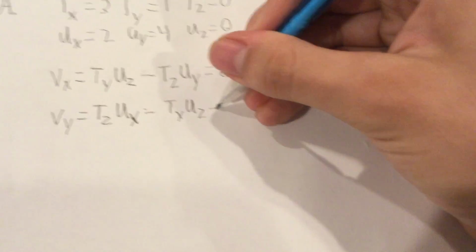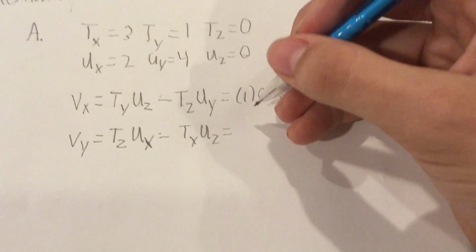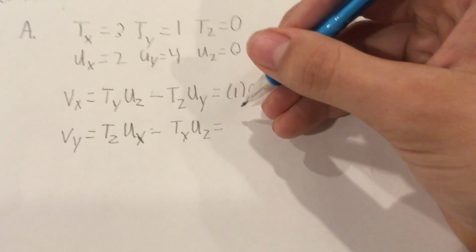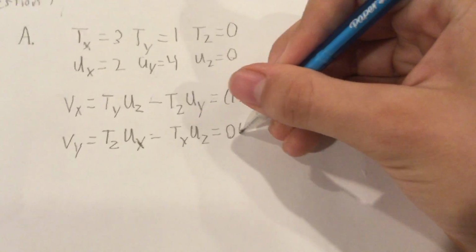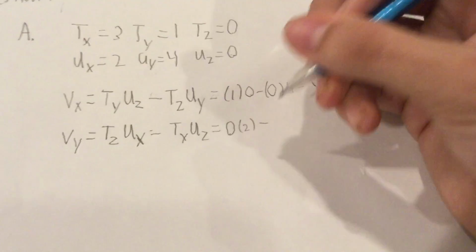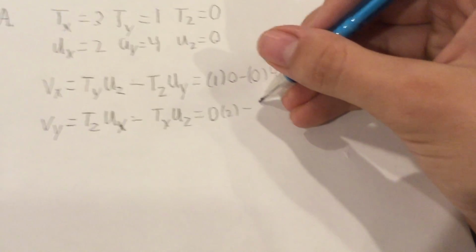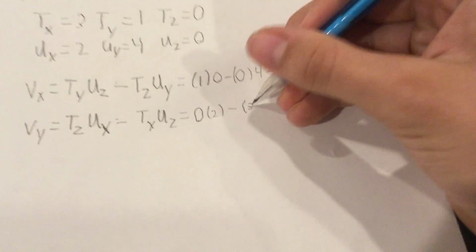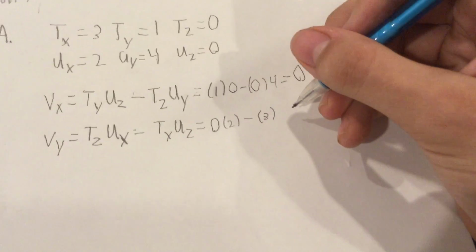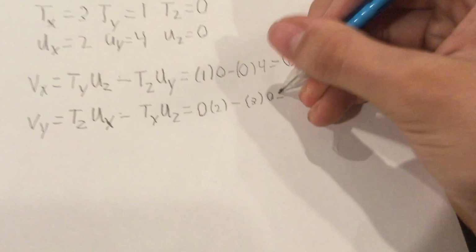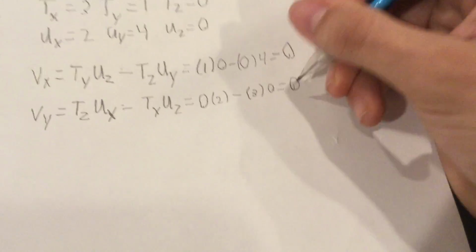We can plug those numbers in and get the result. So t of z is equal to 0, u of x is equal to 2, minus t of x, which is equal to 3, and u of z is equal to 0. So we find that the vector component for y is also 0.